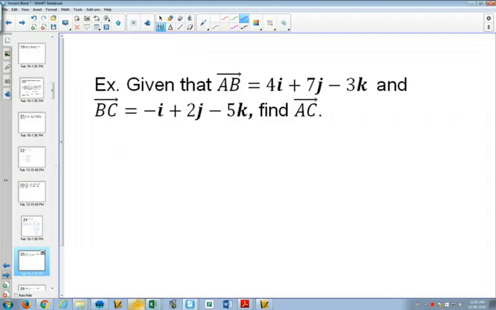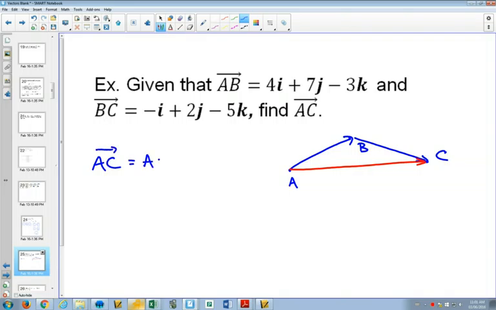So here we're given a vector A to B. So if we're imagining this, we've got a point A, we've got a point B, and there's a vector from A to B. And then we also have a point C, and we have a vector from B to C. If we add those two vectors together, that would be like going from A to C. So first of all, we can say that A to C is the same as going from A to B and then going from B to C. And A to B as a column vector would be 4, 7, -3.